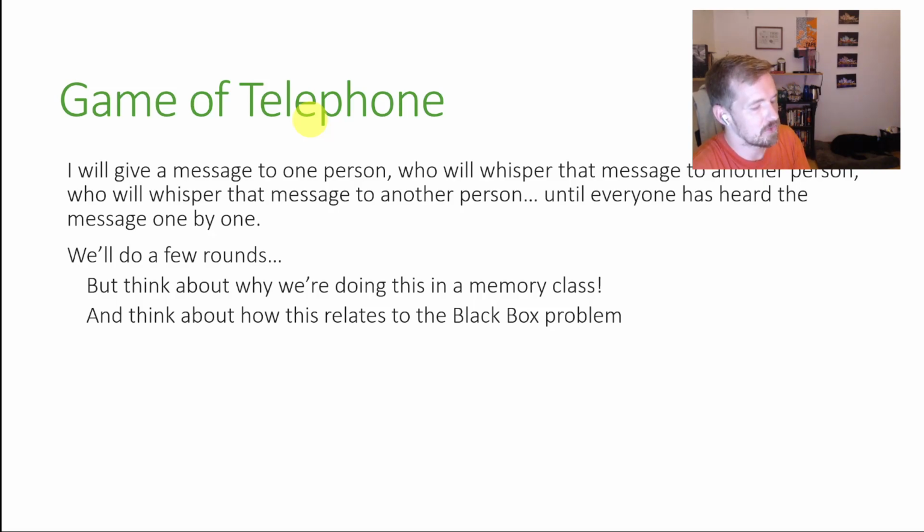The idea is that you give somebody a message, and that person has to whisper it in the ear of someone else, and that person whispers it to the next person, so on and so forth, until you get to the final person, who says out loud what the message was, and almost always it's very, very different from the initial message.